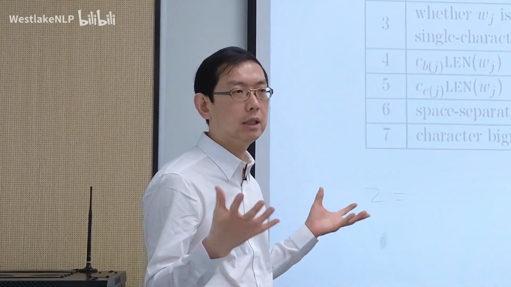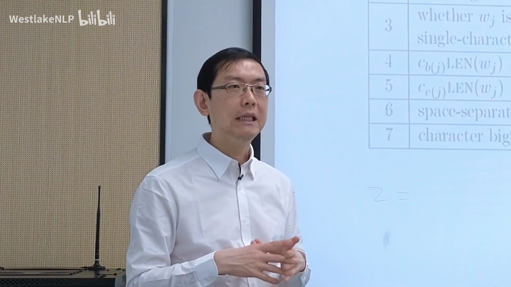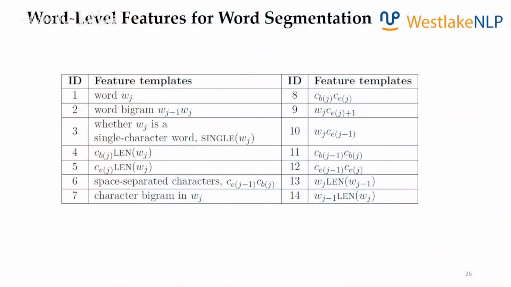This is very expressive. For example, I can extract the current word. Even if the word is as long as 10 different characters, I can still represent it, a 10-character word. And I can represent the word bigram, okay, 2 single-character words or 2 4-character words, fine.